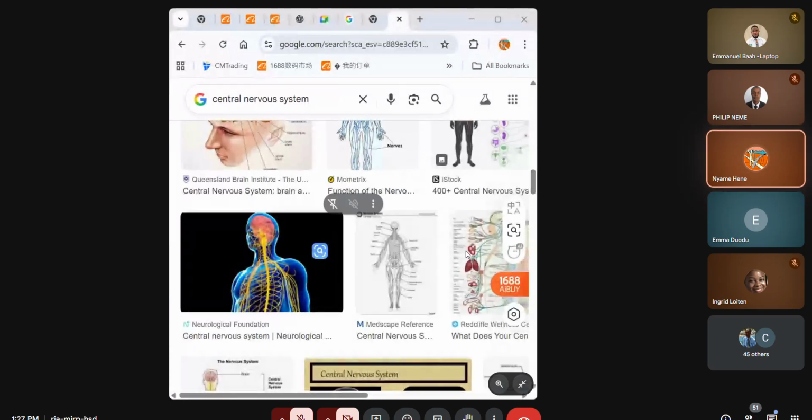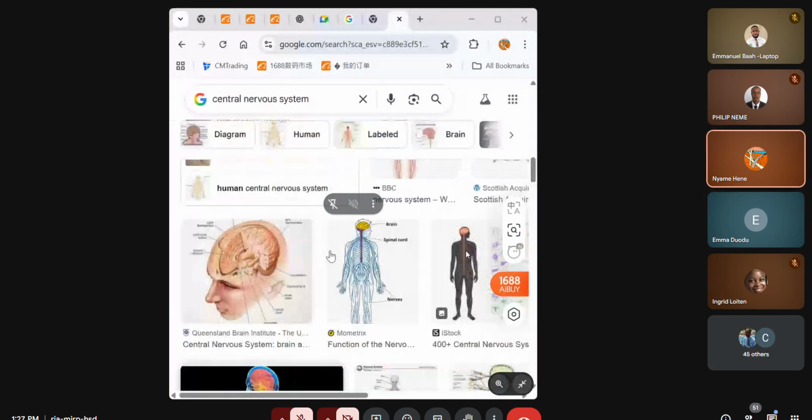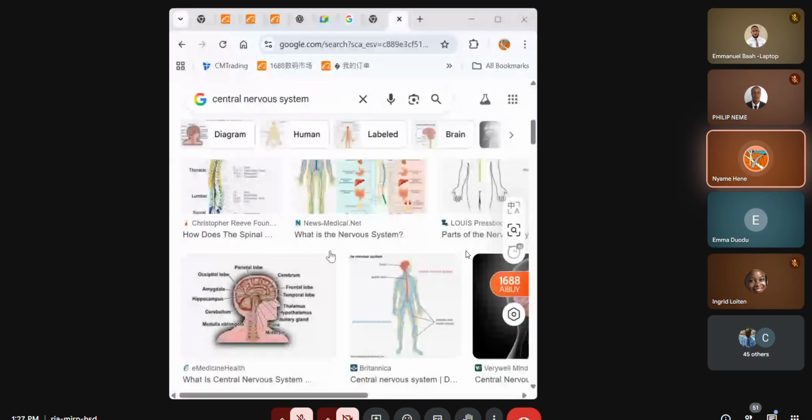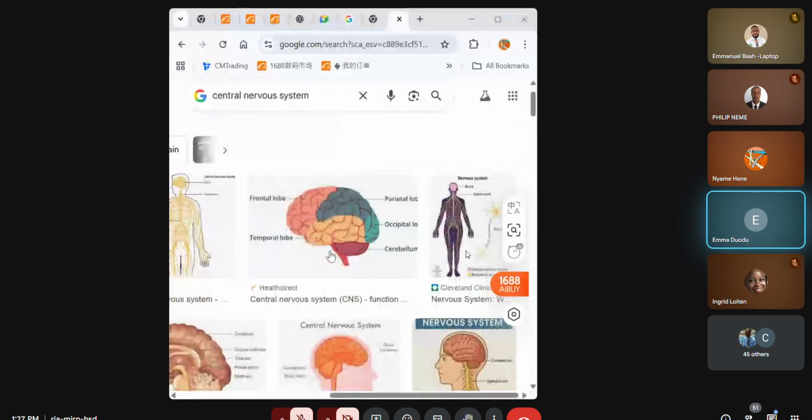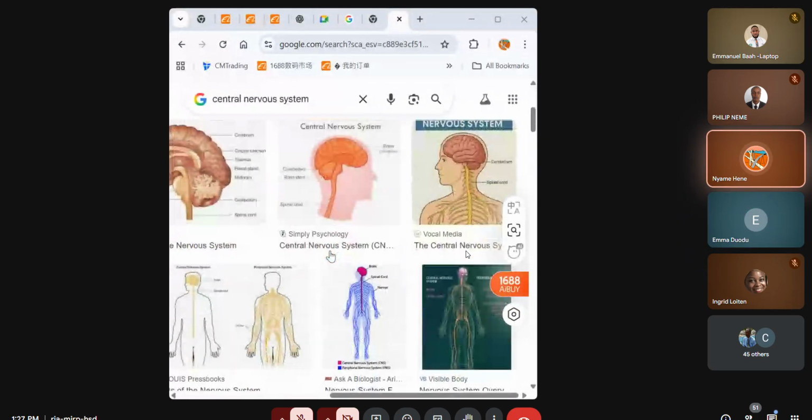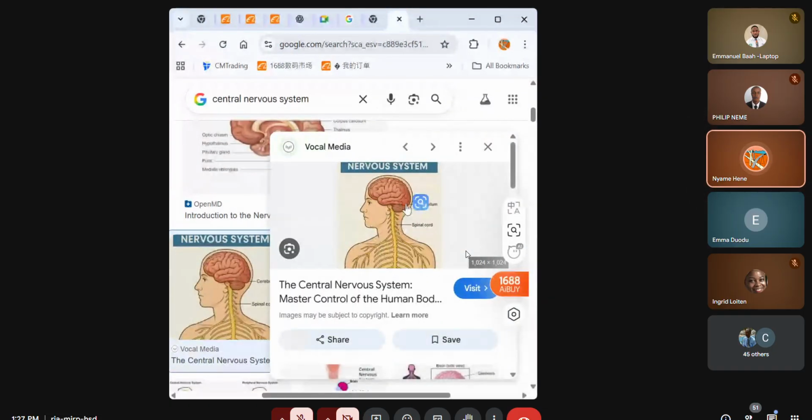So you see, this is the central nervous system. It's made up of what? The brain and the spinal cord. The spinal cord evaginates down from the brain.